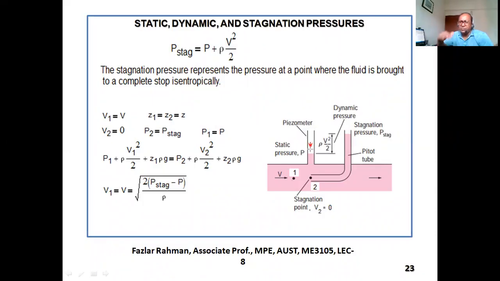It tries to push the fluid down, and the fluid is flowing with how much energy? 3 energies. Flowing with P by gamma, then V square by 2g, then Z. And you see this is horizontal. So if you take point 1 and point 2, in both cases Z will be the same, right?